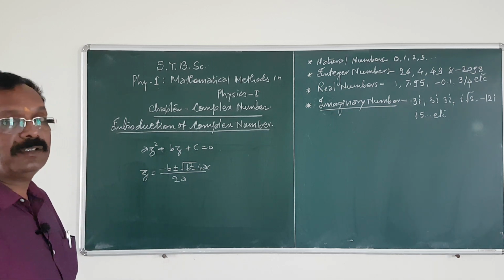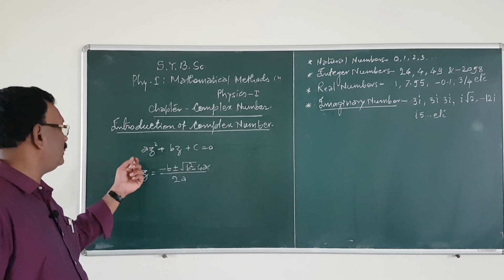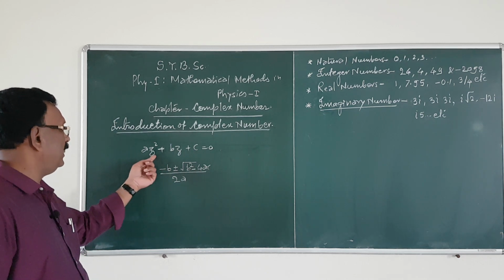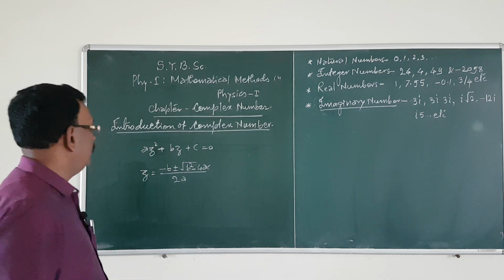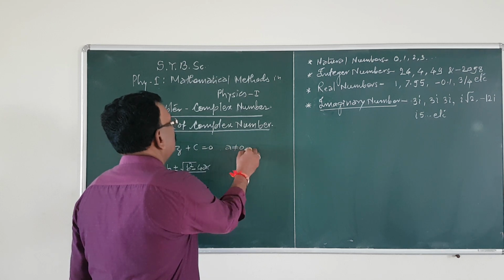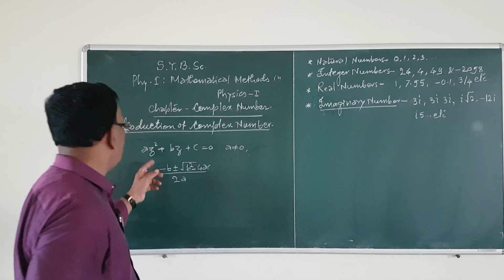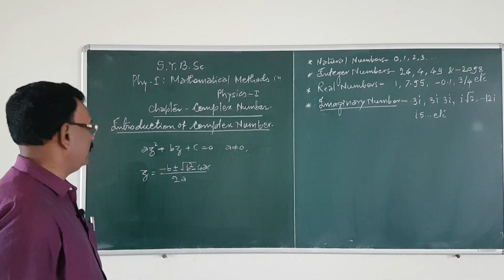What is a complex number? To understand the complex number, consider a quadratic equation: az square plus bz plus c is equal to 0. Here remember that a is not equal to 0, and in this equation a, b, c are the constants.